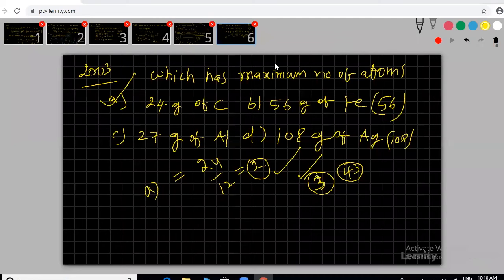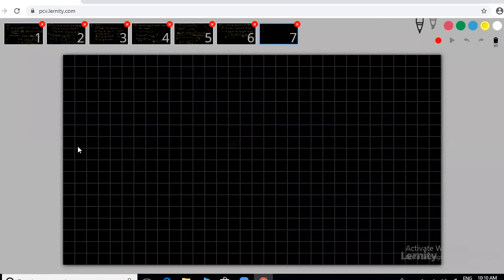I think we can do the next concept. Stoichiometric calculations. Can you try stoichiometric calculations? If anything is missing, again we'll do it, don't worry.